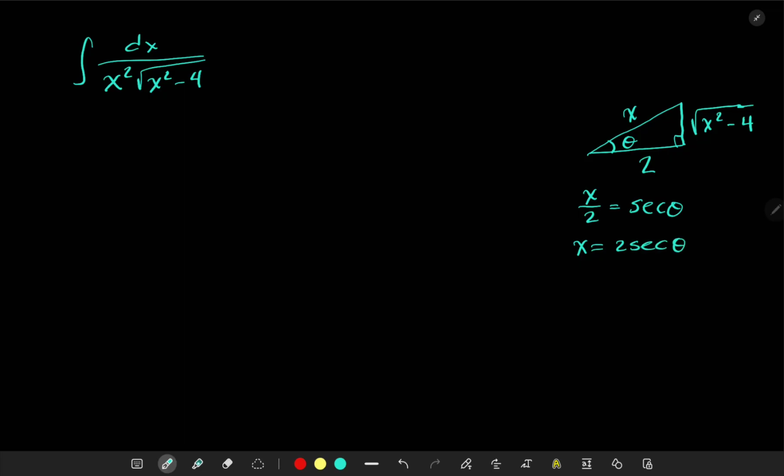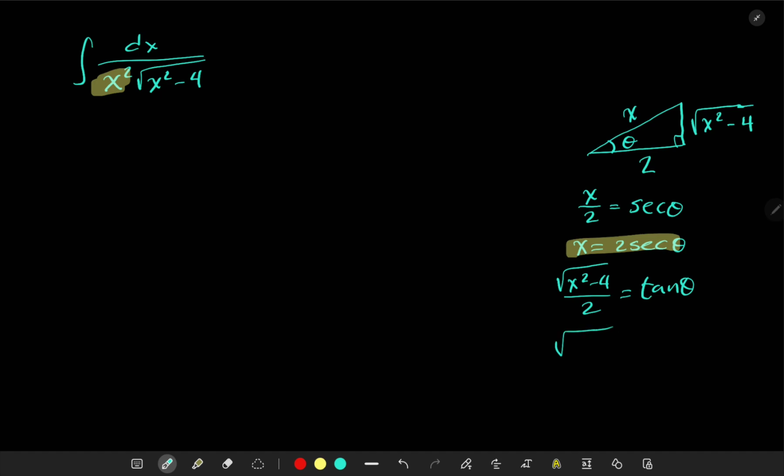So that x is going to be good because we need an x squared there, so we're going to throw it in there. And then we will need also that square root. So I'm going to do square root of x squared minus 4 over 2. That is opposite over adjacent. That's going to be your tangent.